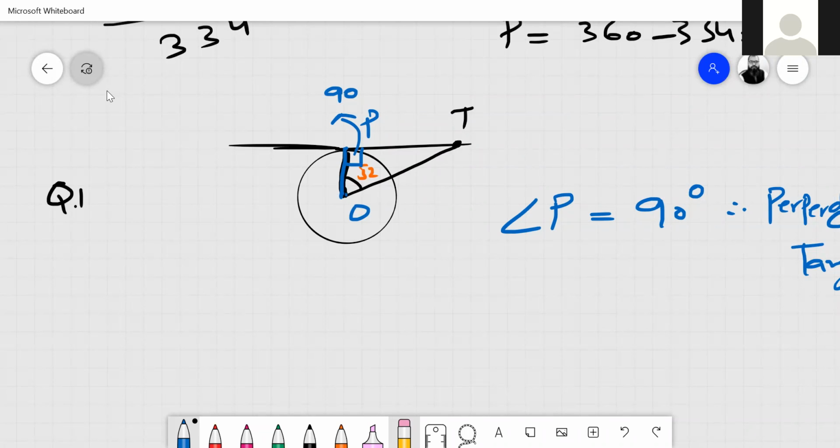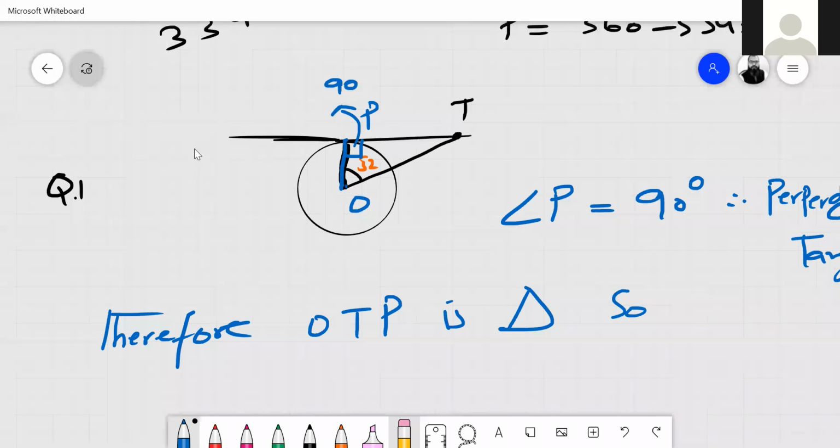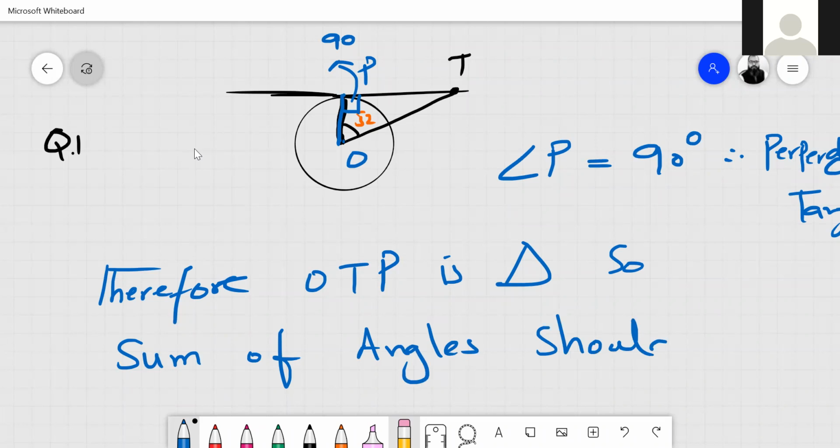Okay, now this is a triangle. Therefore OTP is a triangle. So the sum of angles should be 180 degrees. Now this is 90 and this is 52.